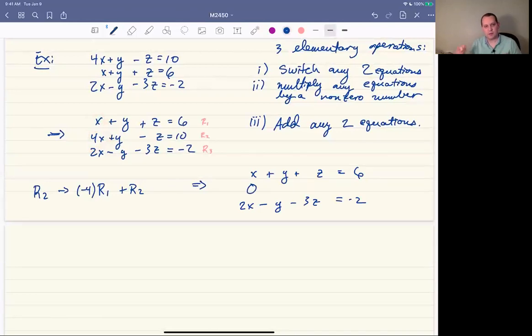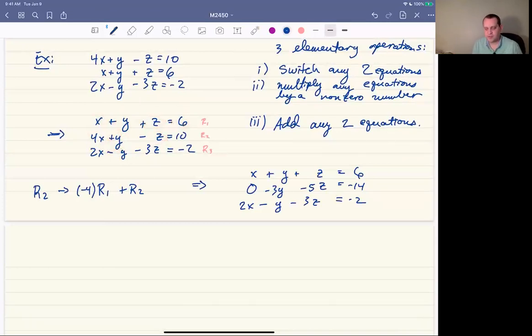That's by design, that's why we pick the -4, remember? Then -4 times y plus y is -3y, and -4 times z plus -z is -5z. We have to do it with the constant too: -4 times 6 is -24, plus 10 is -14. And that's our first step.